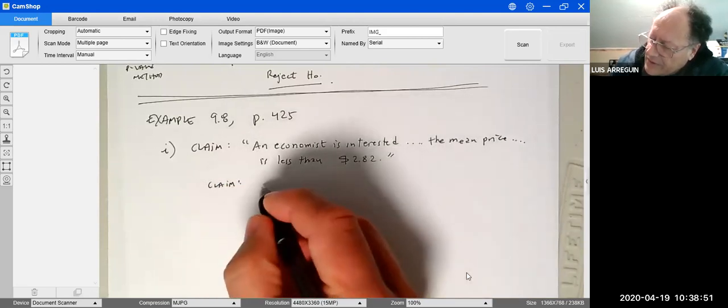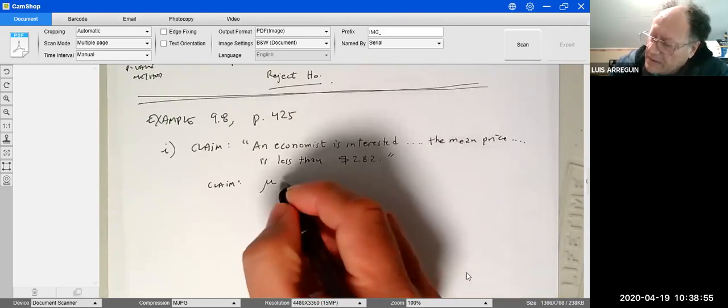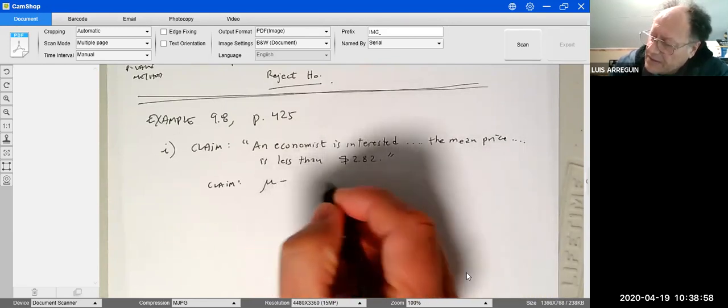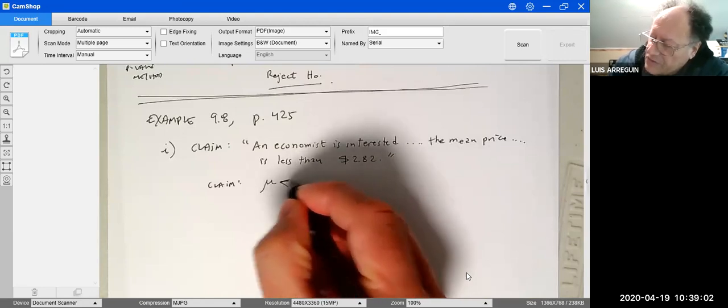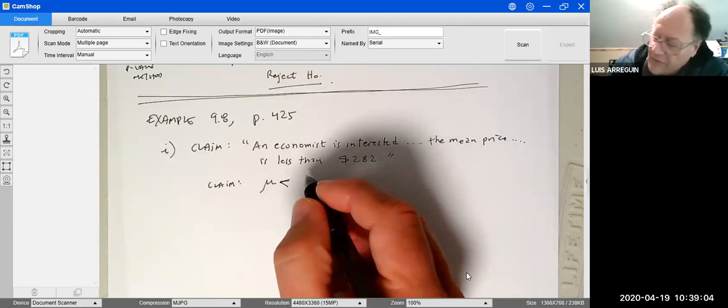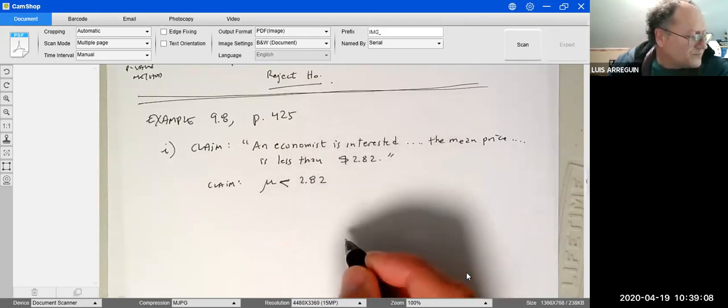So in this case, we are talking about the mean price. So that's the mean of the population, and in this case, we are trying to find out that the mean is less than 2.82.